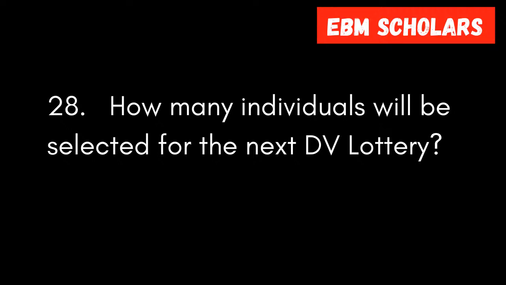Then there is the selection for DV 2022. 2022 was 119,000 winners. Those are the numbers of winners. They take more than they require, because some people do not check the results.